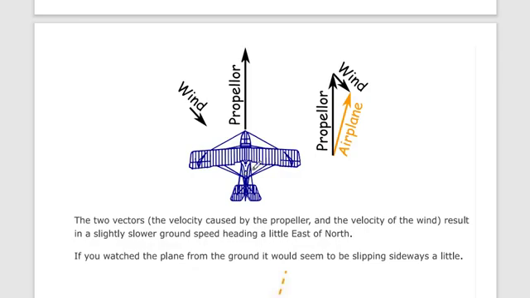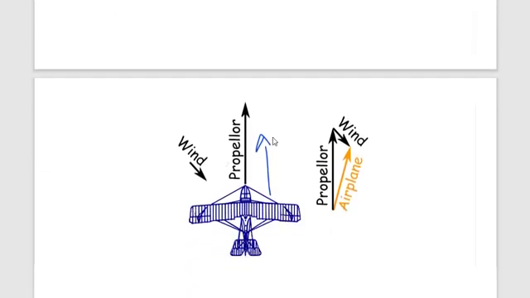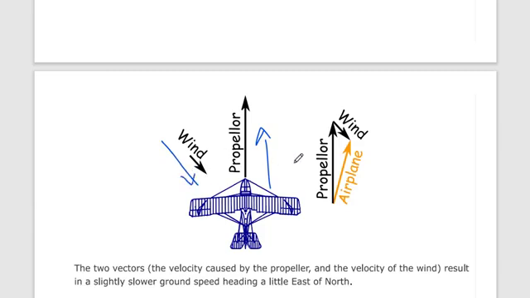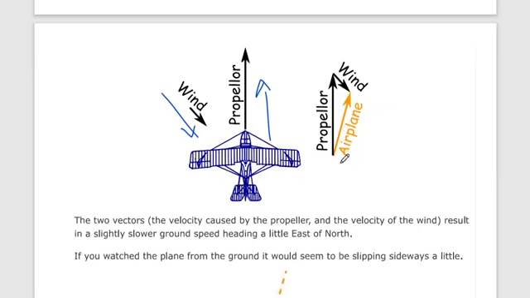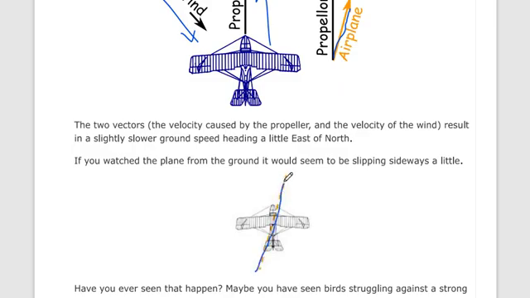This is an example: if a plane is flying in this direction and wind is coming from this direction, the wind will affect the direction of the plane, so the airplane will fly in this direction. It will depend on the magnitude of the wind.